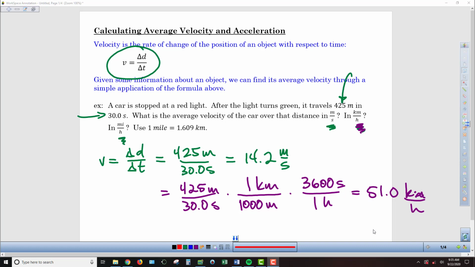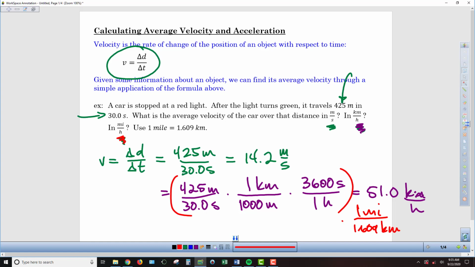And then finally, to get an answer in miles per hour, we're going to take all of that same work that we have here, and we just have one more conversion factor to multiply by, which is 1.609 kilometers is the equivalent of 1 mile.